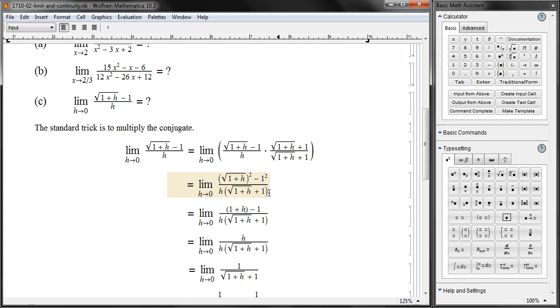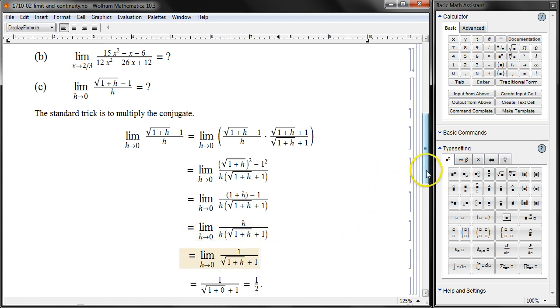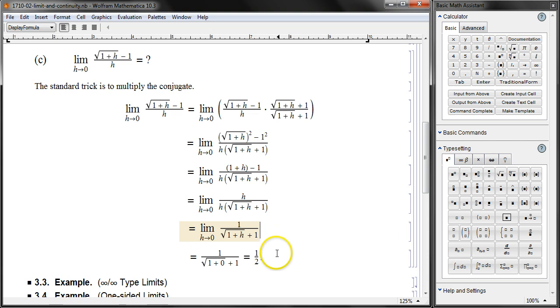In the end, square root and square cancel each other out. We're going to get a much simpler numerator. And after further simplification, h is gone. Now you're ready to plug in numbers, because this is not a 0 over 0 type limit anymore. Plug in numbers, do your computation, here's the answer key. So everything is straightforward if you take the first step right. Multiply the conjugate both to numerator and denominator.